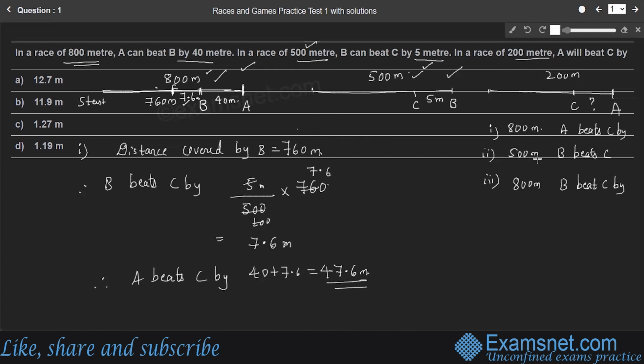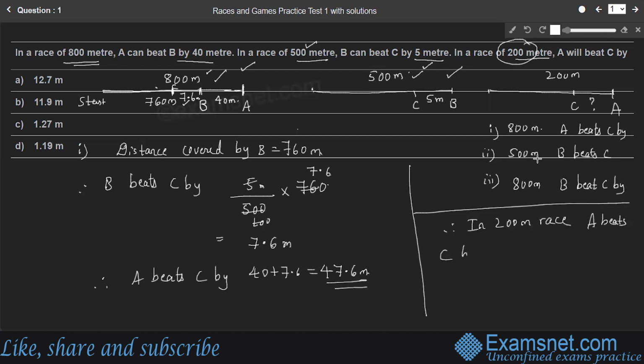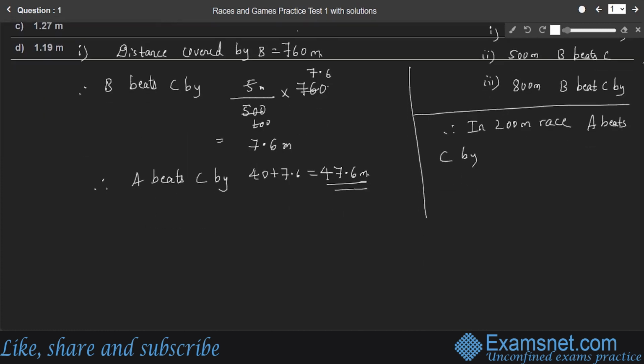Therefore, the question is, in a race of 200 meter, A will beat C by how much? So in a 200 meter race, A beats C by? Here, consider the race of 800 meter. In a race of 800 meter, A beats C by 47.6 meter.